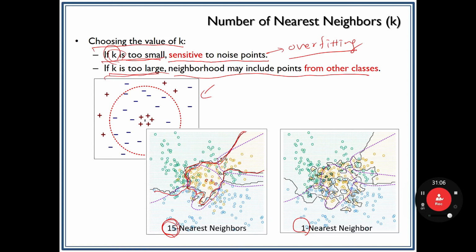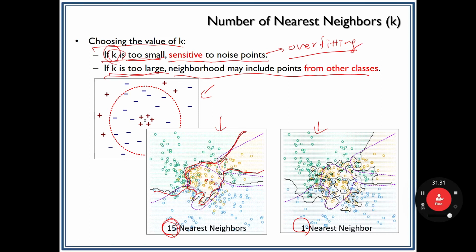It's highly possible that we're going to get a high test error. It seems that the decision boundaries, the solid lines, are very complex. So this is not a good case, and this one is a better case than this one. So we have to choose a proper value of k in k nearest neighbor classification.